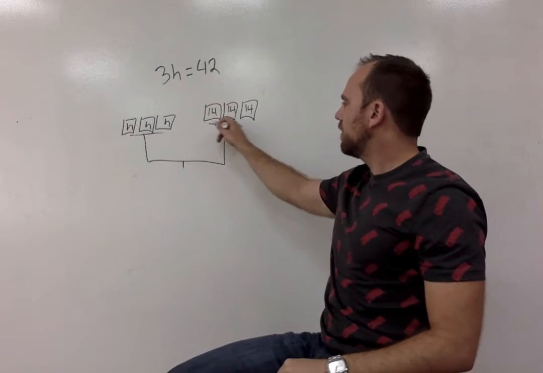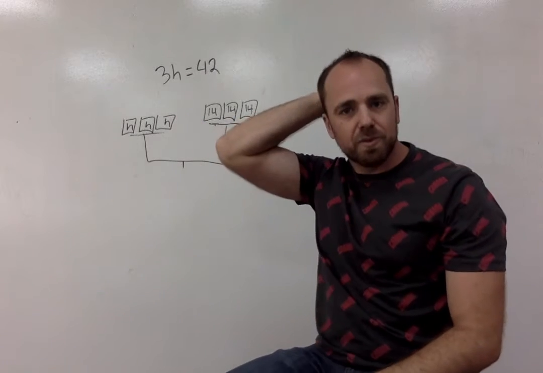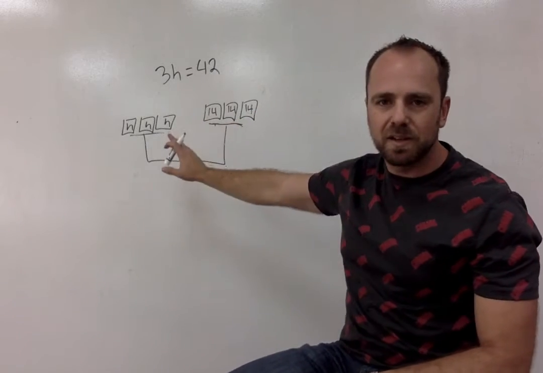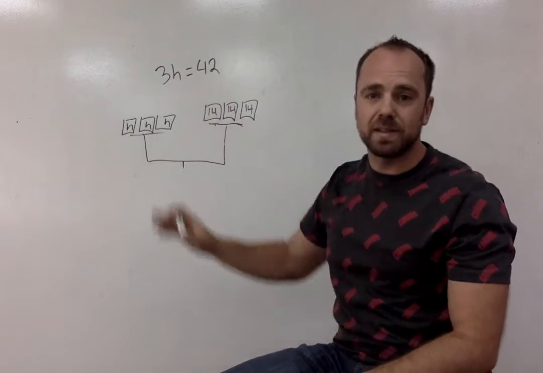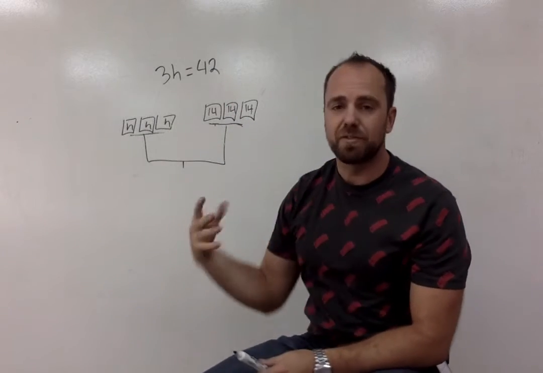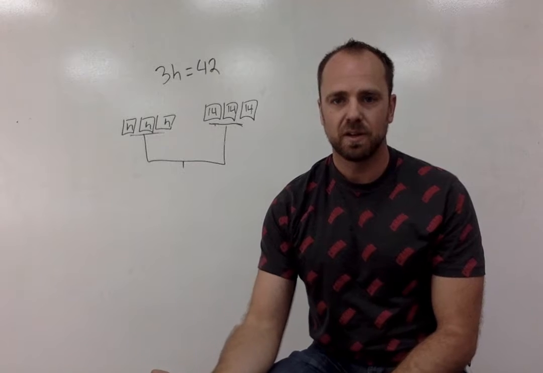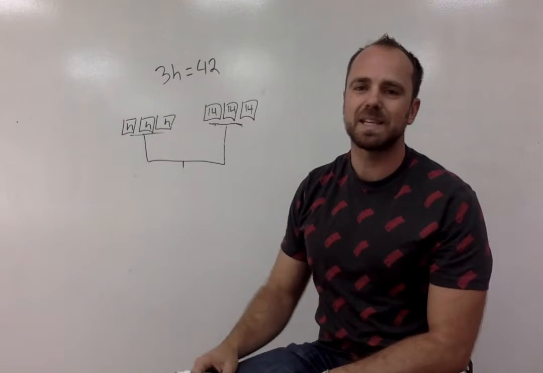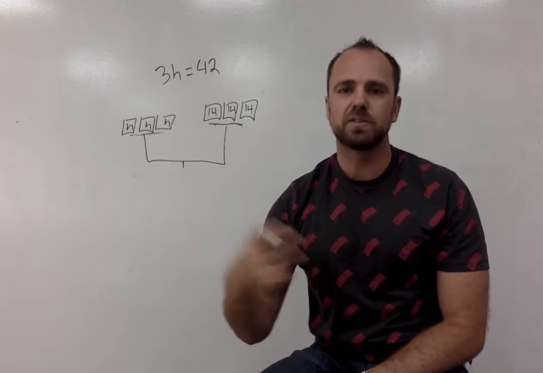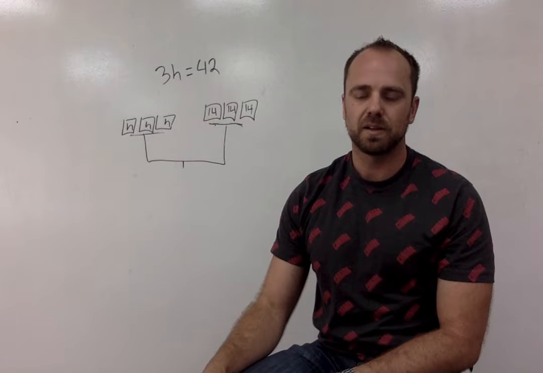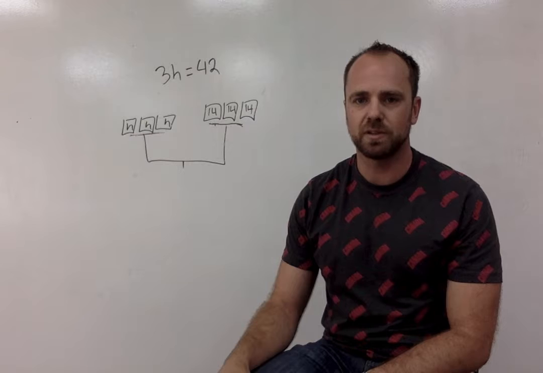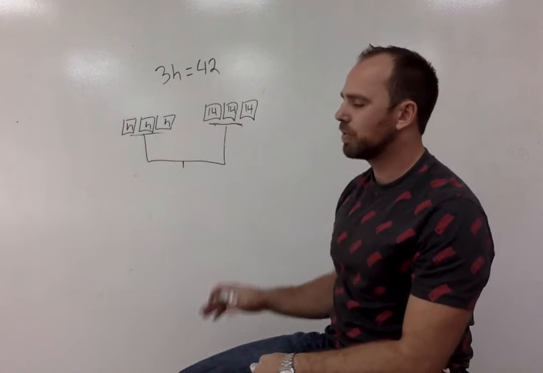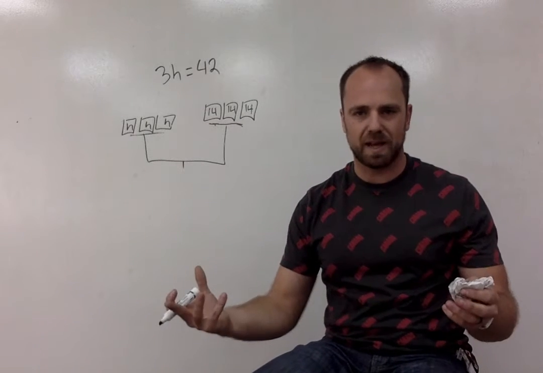Now I actually have 3 independent weights of 14, and on the other side, I have 3 h's. So I can pair them up and say that 1 h is going to equal 14. So that's one way that we can look at this first question, how we're breaking it up and how they still remain balanced.